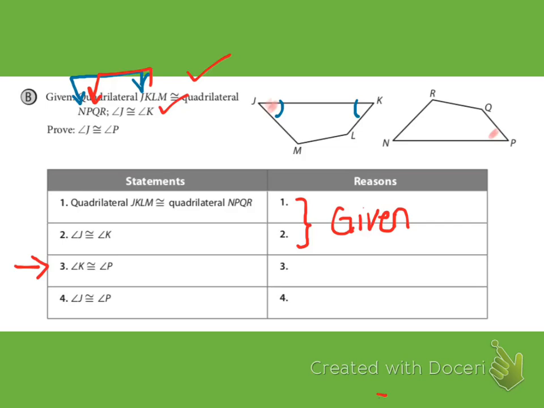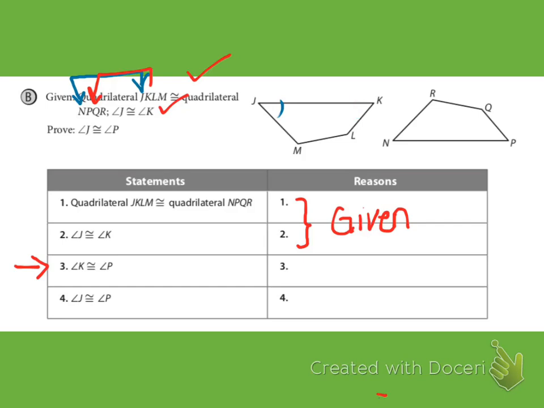So if there's a lot of information given, sometimes you might have more than one line in your proof. Now, the next thing they went on to say was that K and P, and by the way, you notice I also marked the given information on the drawing. When they told me that those two angles were congruent, J and K, I marked them. And now I'm also going to mark that K and P are congruent.